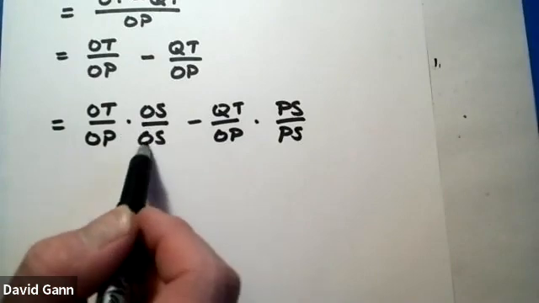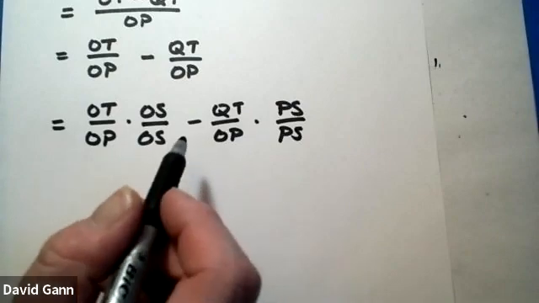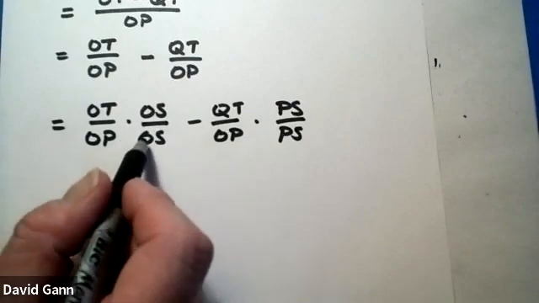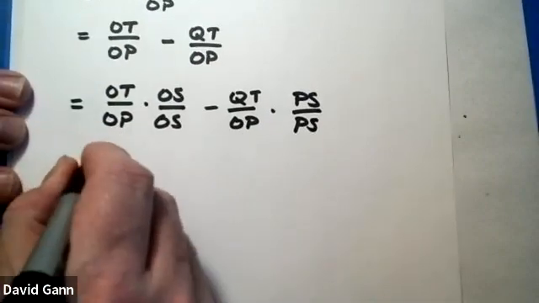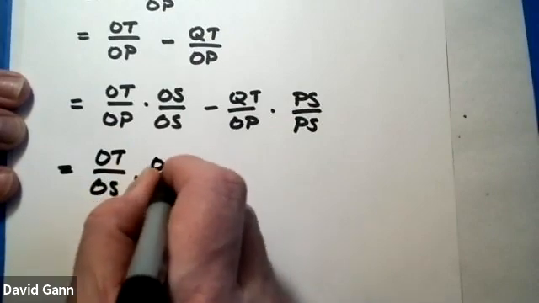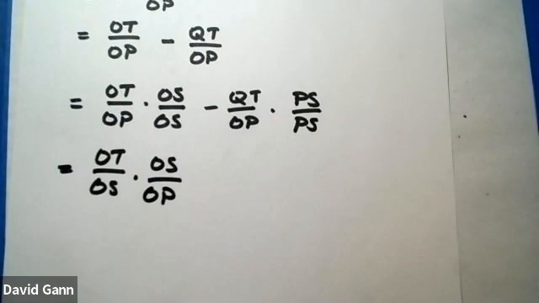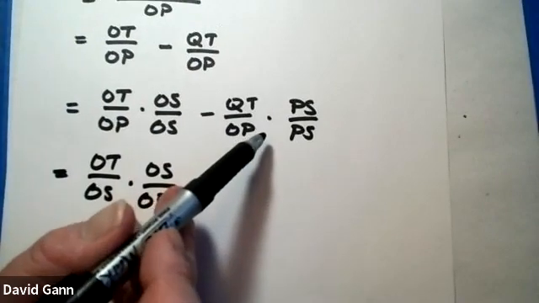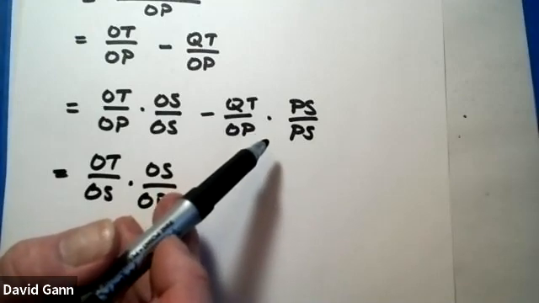What I'm going to do is exchange the denominator here. So I end up with OT over OS times OS over OP. And with this term here, let me just make sure I'm doing this right.